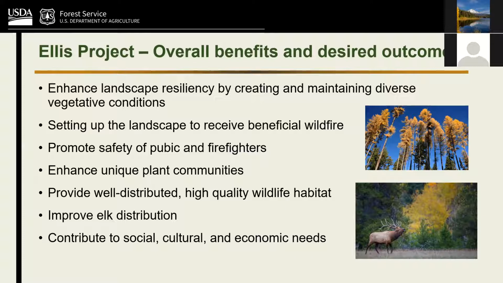And we would really like to set up the landscape to receive beneficial wildfire. Like I said before, wildfire is part of the system, and we want to get it back on the landscape, but in a safe and manageable way. We want to promote safety of the public and firefighters, and enhance unique plant communities like the aspen and meadows and shrub steppe.